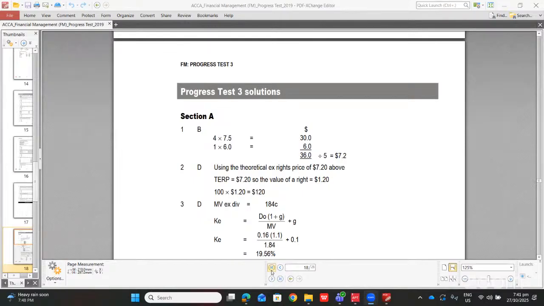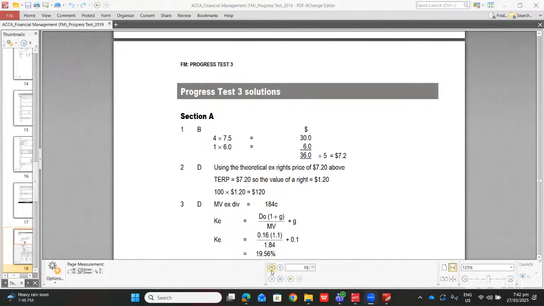Then the question says, using the data in question 1, calculate the value of the right to buy 100 shares. Now, if the new market value is $7.20 and you're paying $6 for a share, the value of a right is $1.20, because the new market value, which is the theoretical ex-rights price, is $7.20.